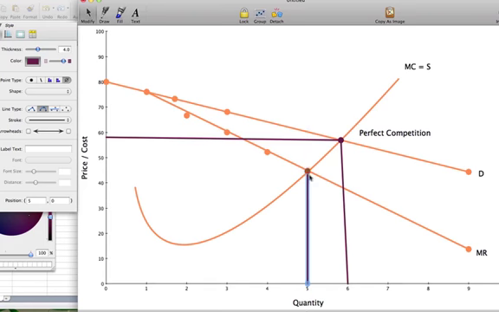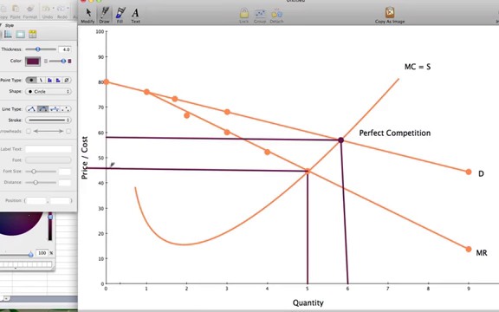How much would the monopoly then charge? Well, they could charge at cost. That is, they could charge about $45. But a monopoly has power over price. And so why would they want to charge a price at cost when they could maximize their profits?